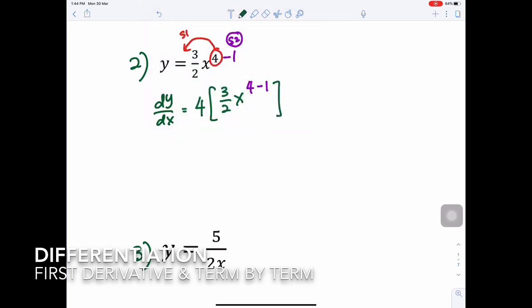And then simplify. So 4 divided by 2 is 2, and then times 3, so 6x power of 4 minus 1, so you get 3. So this is the answer.